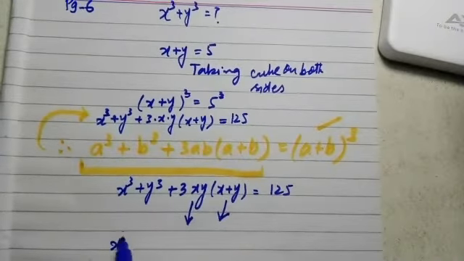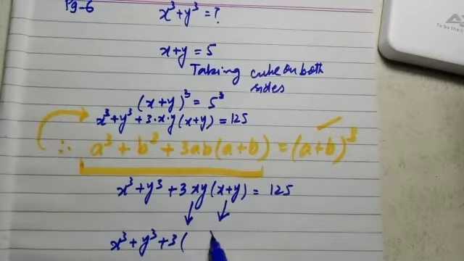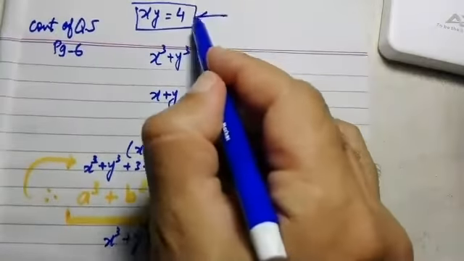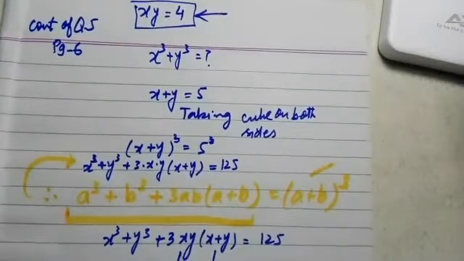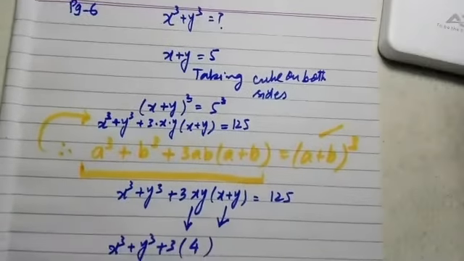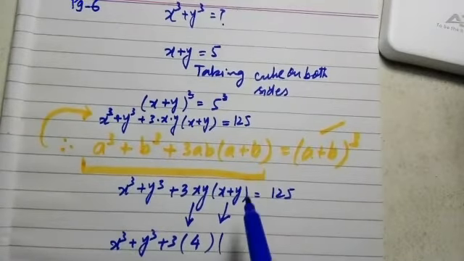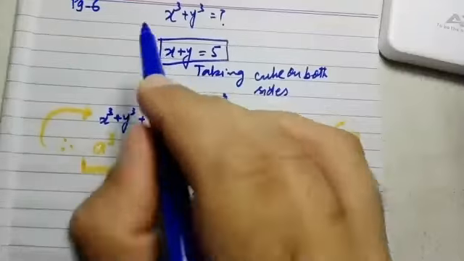So you will write x cube plus y cube plus 3 times xy, which is just calculated above. We have just calculated on the top of the page, in the same question, xy, that is 4. So we will substitute the value of 4 in place of xy, and x plus y in this question is already written, this is equal to 5.